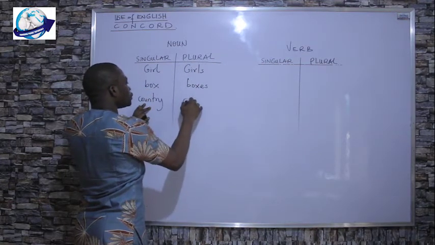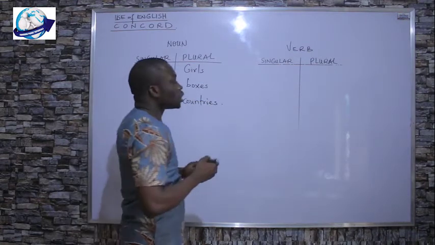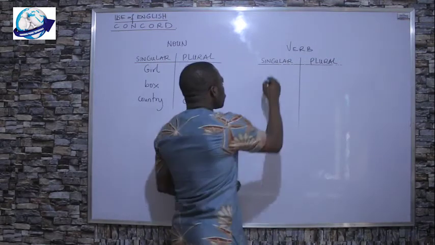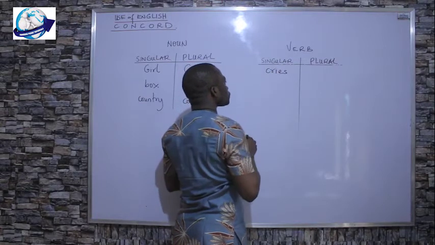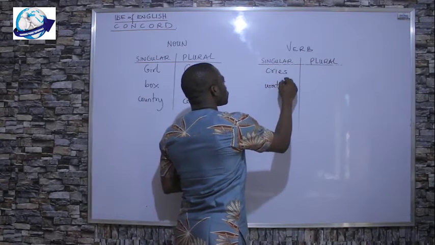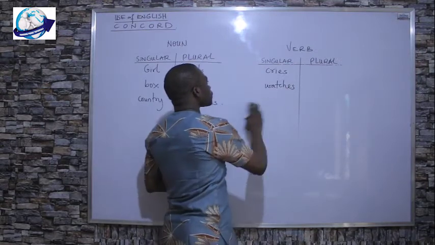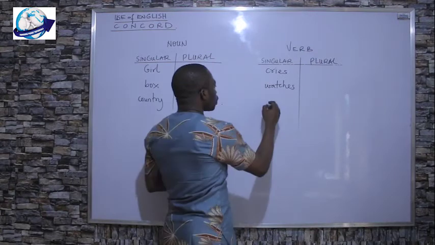Let's take countries. Okay, this is okay for now. Now, for verb cases, let's take, well, let's say cries, watches. Okay, and then of course what other example can I put now? Let's say walks.